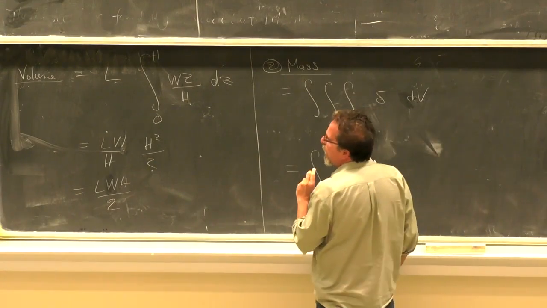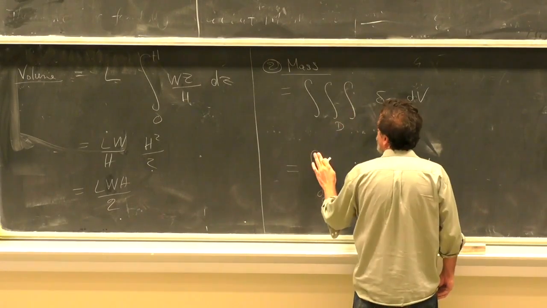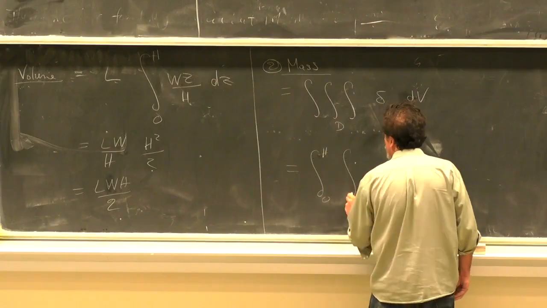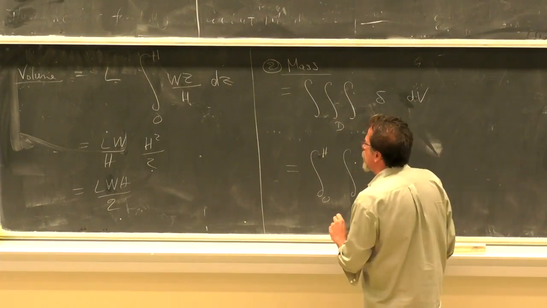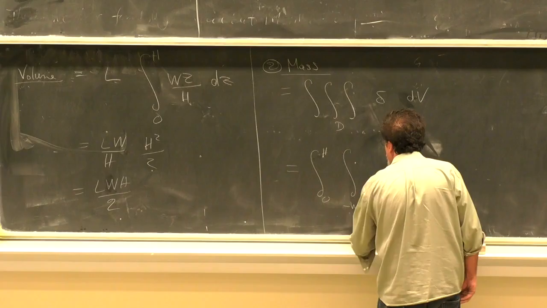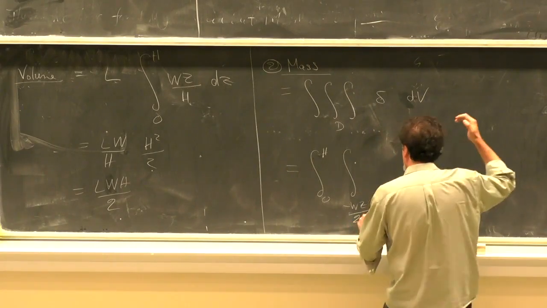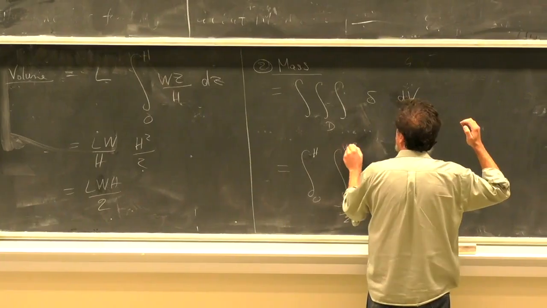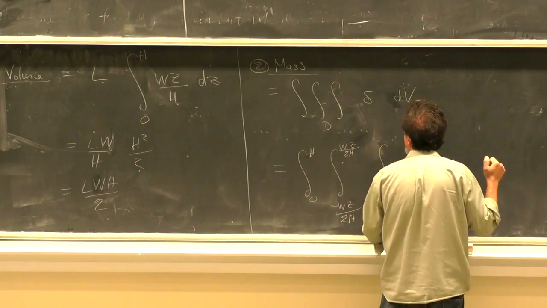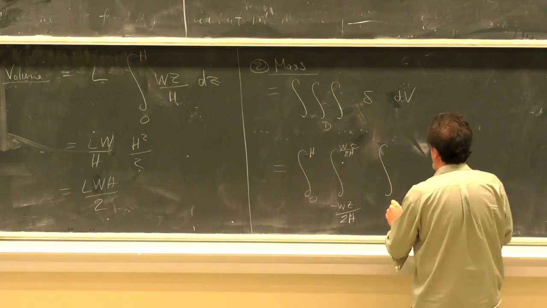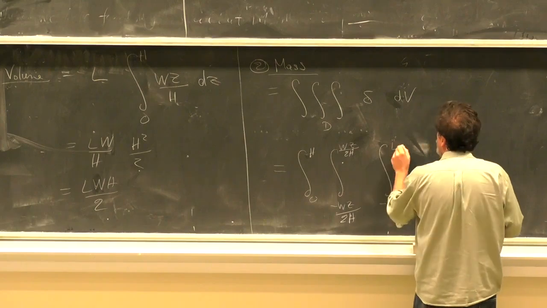So I'm going to do y x z again. So the z integral is going to go from 0 to h. The x integral is going to go from negative wz over 2h to wz over 2h. And then the y integral goes from negative L over 2 to L over 2.